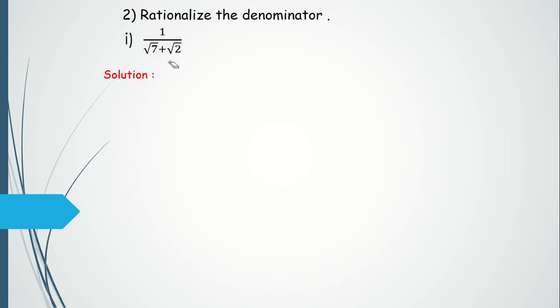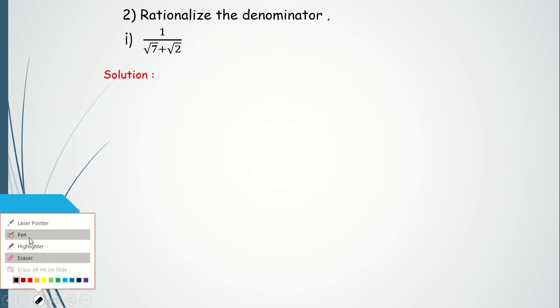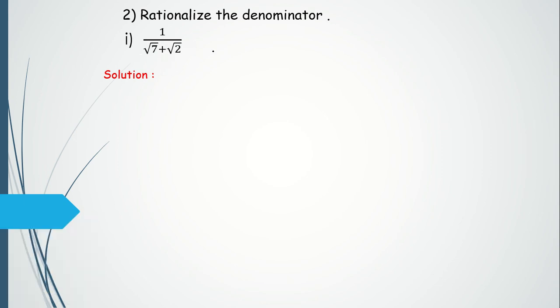This is a binomial quadratic surd. In earlier sums we just had 1 upon root 7, and then we had to multiply numerator and denominator with root 7, and we got the answer, right? But here we cannot multiply with this number itself, because if you just multiply numerator and denominator with this same number, it is not getting rationalized, because then it will become a square.